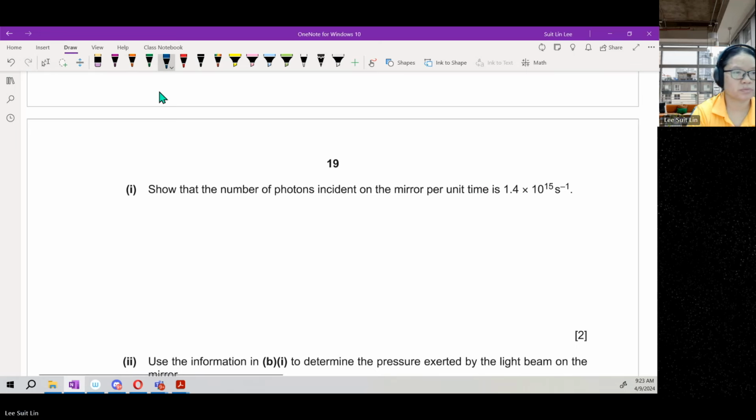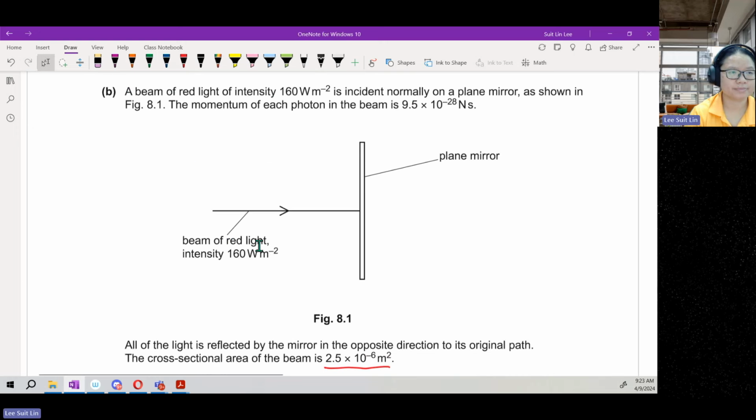So, you know, you have power, right? So power is intensity times area. So I can put in the power.